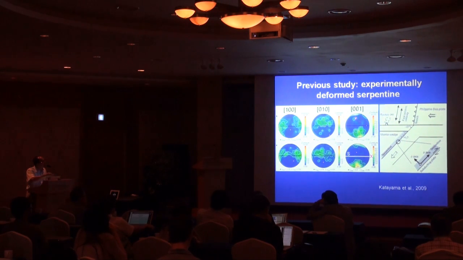They observed that the 001 axis is aligning subnormal to the shear plane, and the 100 axis is aligning parallel to the shear direction. And then they proposed that trench-parallel seismic anisotropy can be explained using this fabric only if the subduction angle is greater than 45 degrees.